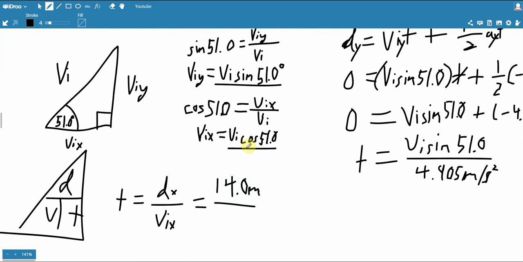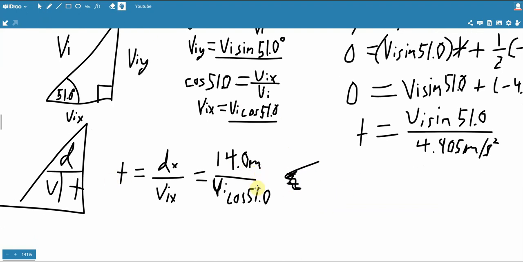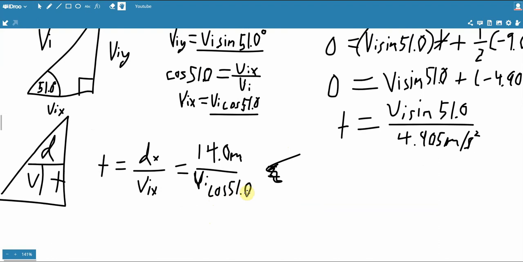And VIX, we use the expression we made, VI cosine 51.0. So we have t equals 14.0 over VI cosine 51.